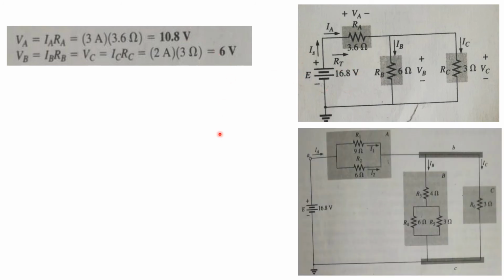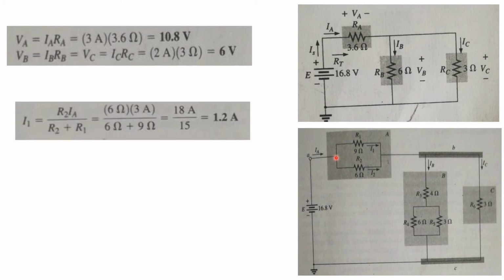Now in the second step, we have to find the value of I1 and I2 also. So when the current is entering this point, it splits into two parts, I1 and I2. Now here you can apply the current divider rule to get the value of I1 and I2. First we find the value of I1, which is basically the current flowing through resistor 1.